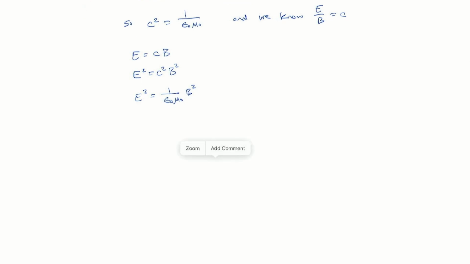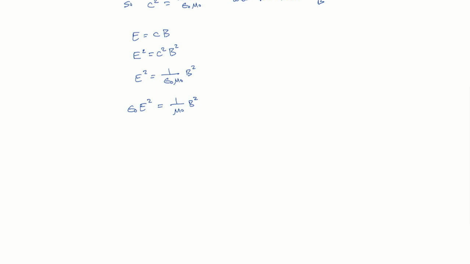Multiply both sides by epsilon 0. So we get epsilon 0 E squared is 1 over mu 0 times B squared. And now multiply both sides by 1/2. So 1/2 epsilon 0 E squared is 1/2 mu 0 B squared. So the energy carried by the electric field equals the energy carried by the magnetic field.